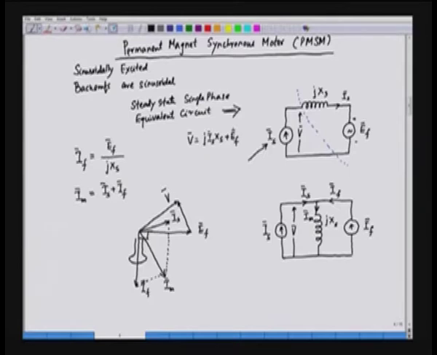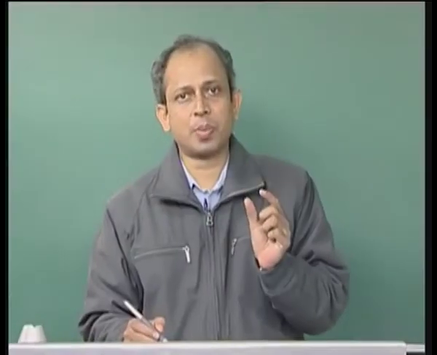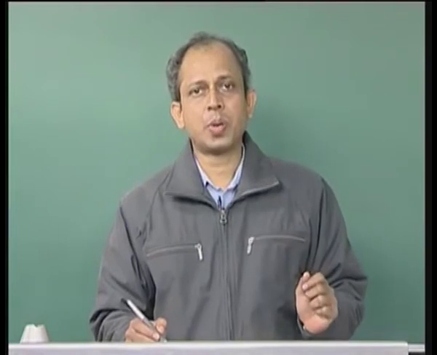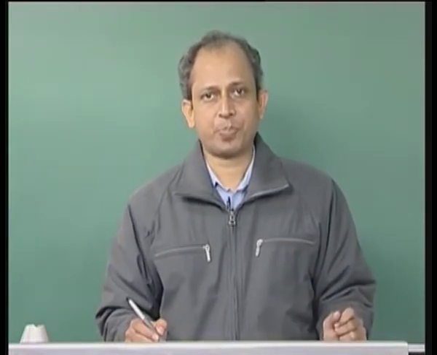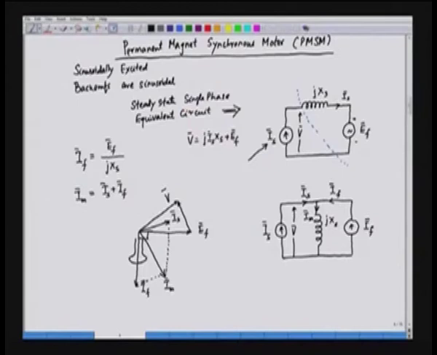So, in fact, if we add the synchronous reactance drop, that is Is into Xs, we get V. So, we know the Is here. So, this is j Is Xs. So, if we add this j Is Xs with Ef, we get the terminal voltage, that is V. So, we have a vector triangle here. In one side we have Ef, other side we have j Is Xs, and the third side we have the voltage, that is V, applied voltage.